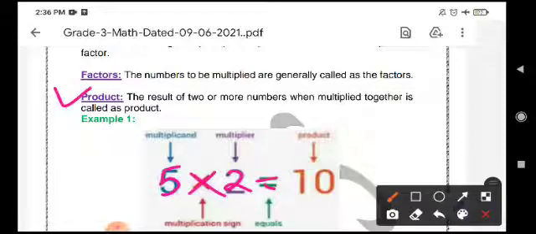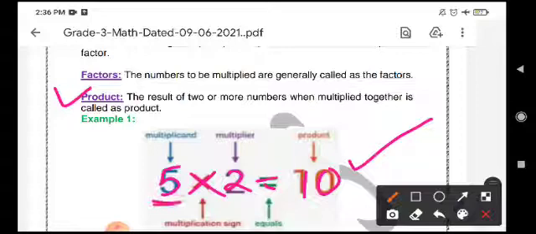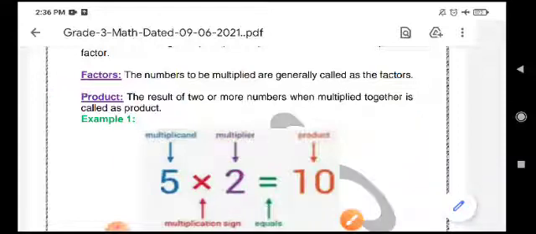The result you get is also called the product. Okay, so this is the product. 5 is multiplicand in this case, 2 is multiplier, and this is the equal sign. 5 multiplied by 2 is equal to 10, or 5 twos are 10. This is the multiplication sign.